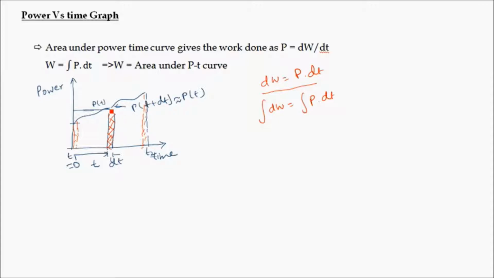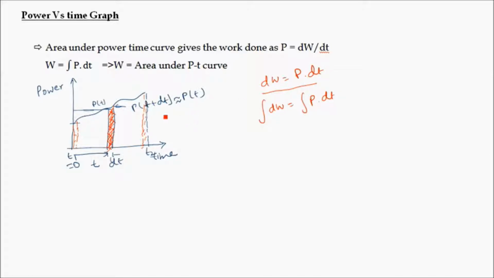So clearly power is not changing for this infinitesimal time difference. If you multiply P into dt, it gives you the area of this small stripe. So the area of this small stripe will be given by P dt.